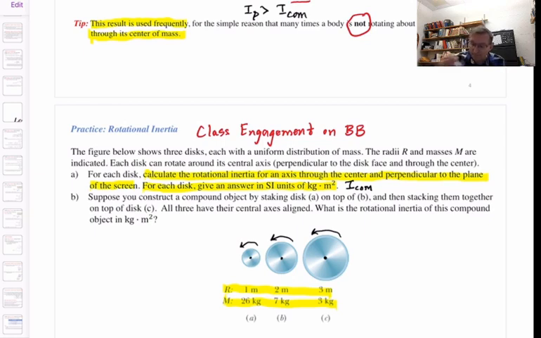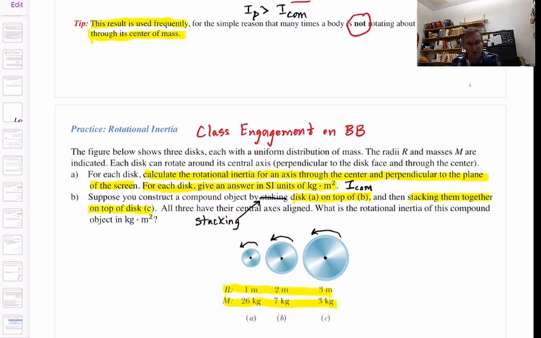And then part B. Suppose I construct a compound object by, that should say, by the way, I'm sorry, stacking. S-T-A-C-K-I-N-G. By stacking disk A on top of B, center on center, and then stacking them together on top of C. So you get like a tier, with C at the bottom, then B, then A. Okay?